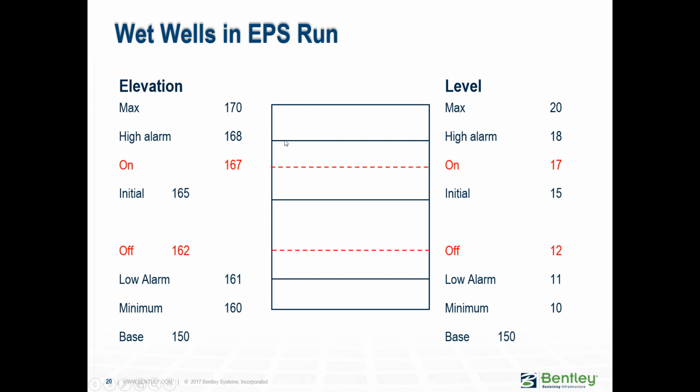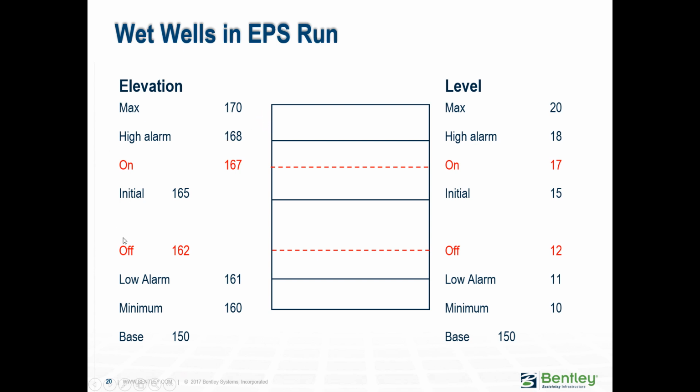High and low alarms, you can set them so that if the wet well in your simulation ever reaches those alarm levels, there will be a warning generated. So you get a notification saying at time 2.15, the high alarm was reached. So you can be like, oh, I'm running this wet well pretty full, especially if you get it several times.